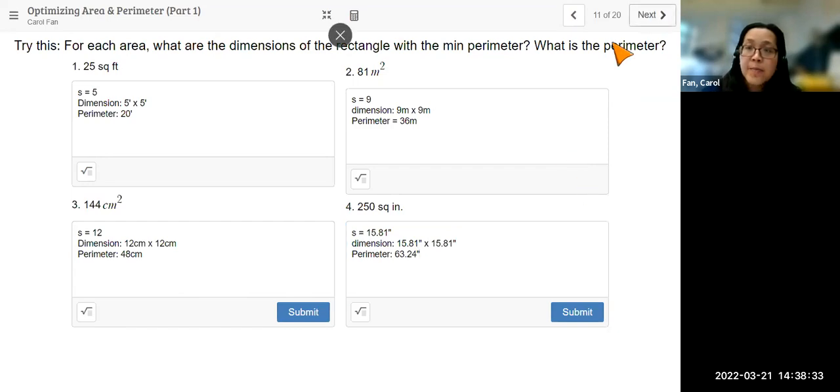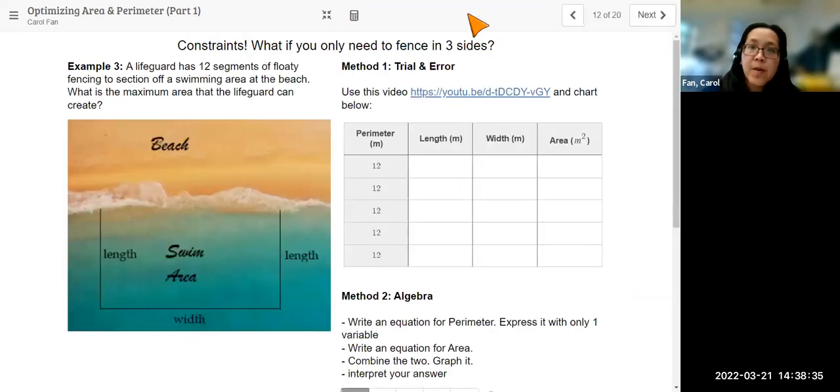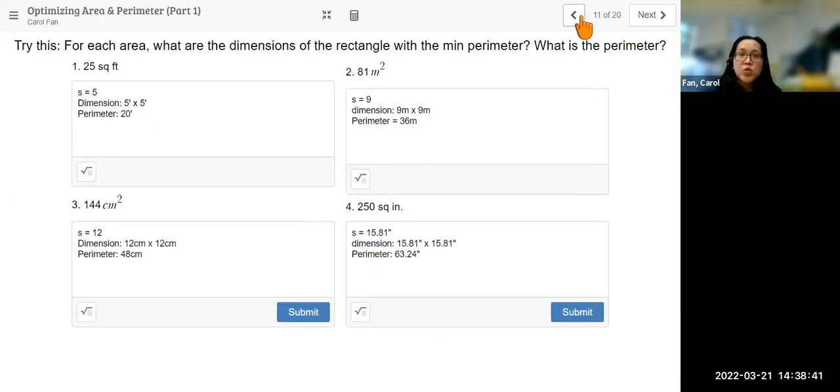Now let's go on. What if we had other constraints? So far, the two situations that we've looked at are getting a rectangular area with a fixed area and variable perimeter, or a fixed perimeter and variable area.